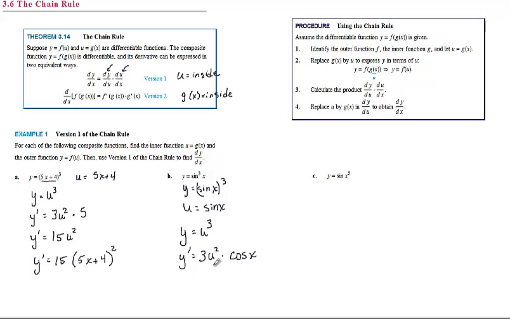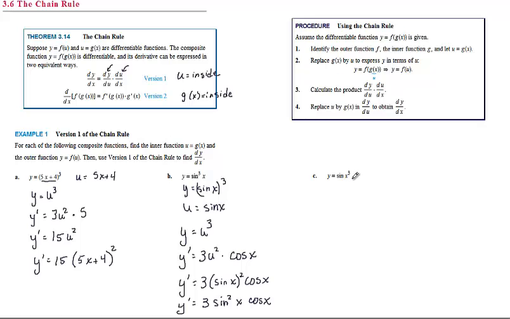Next I'll replace my u with what it really is in terms of x, and that would be sine x quantity squared. I want to write it in my neat little shorthand way because it just pleases me so much. Sine squared x cosine x, and that's how I would write b.